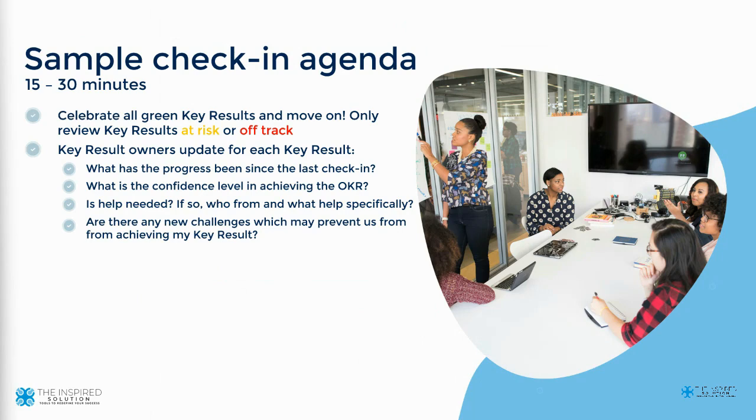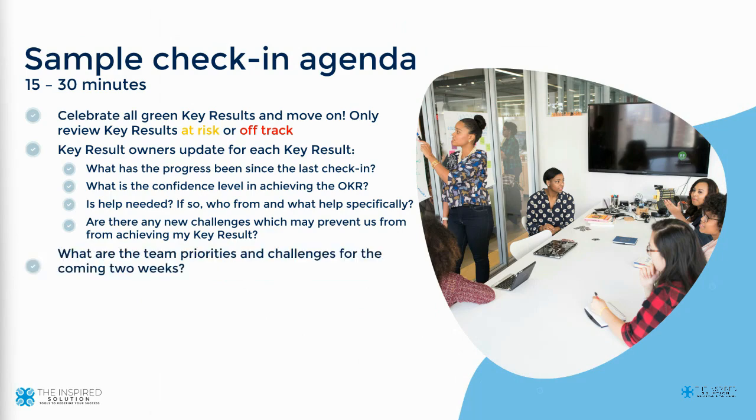What has the progress been? What is the confidence level in terms of achieving that OKR this week? Is help needed? If so, from whom? What help specifically? Are there any new challenges that they've thought about which may prevent the movement forward of that key result throughout the week or 2 weeks?